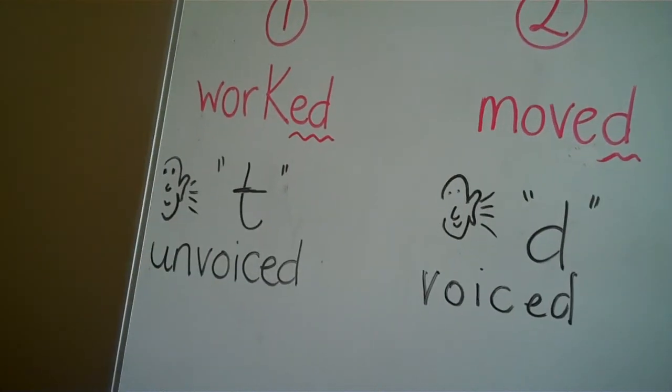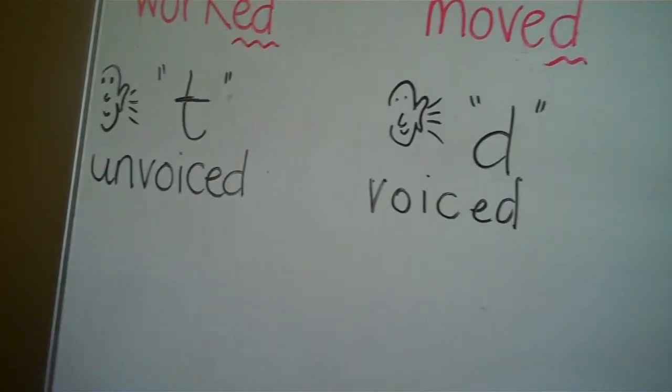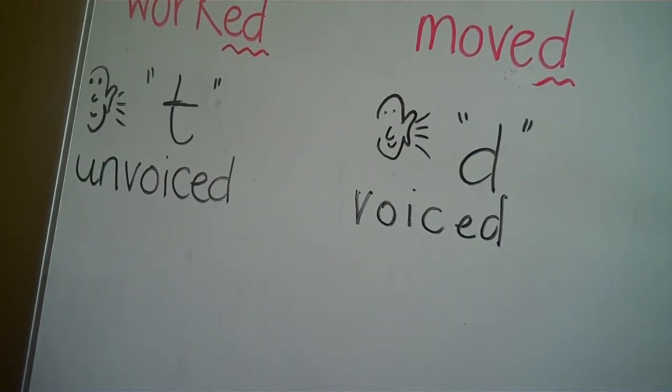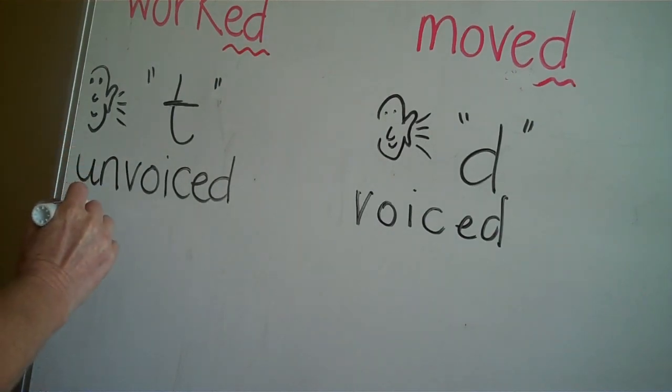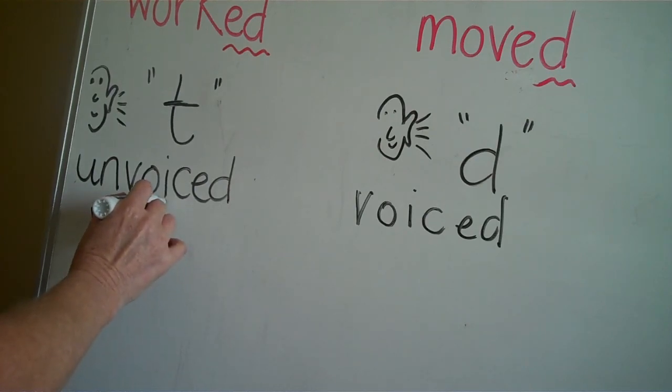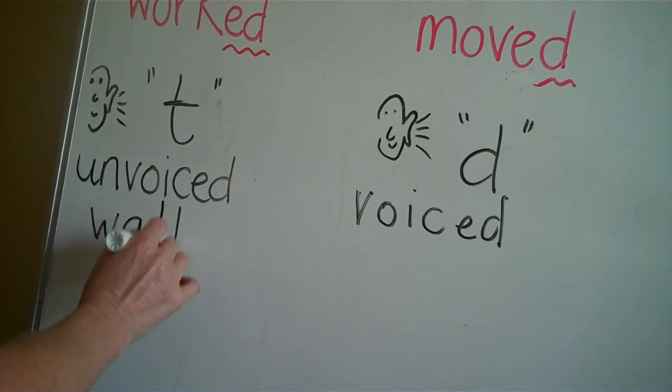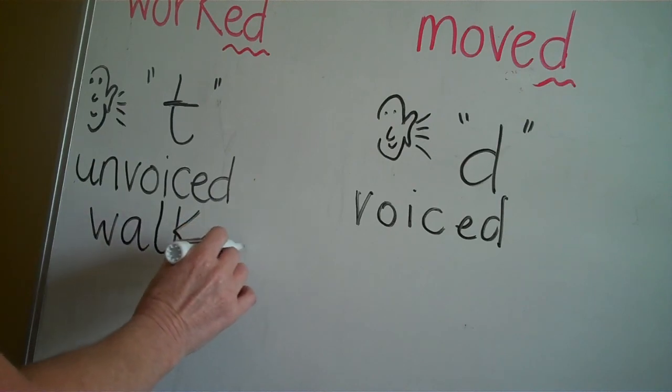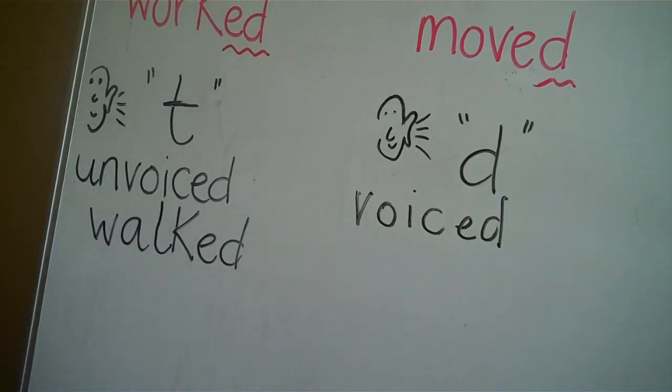So we can write a few more verbs under these groups, and you can write them down with me. So, walked, W-A, let's do it together, L-K-E-D. Remember the spelling is the same, but it's the pronunciation of that T sound at the end, walked.